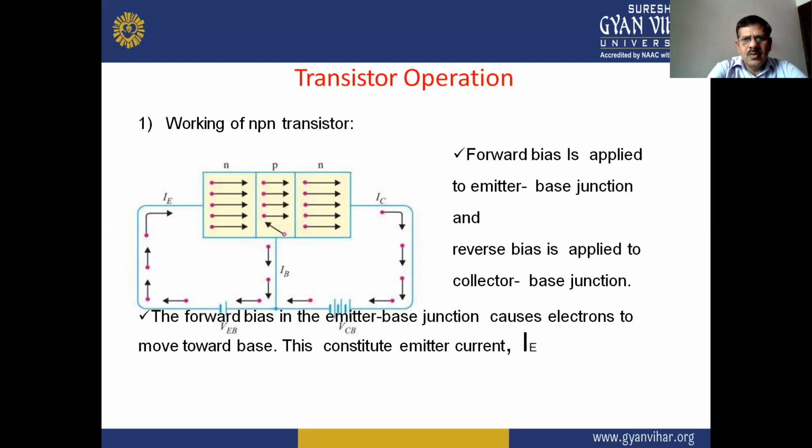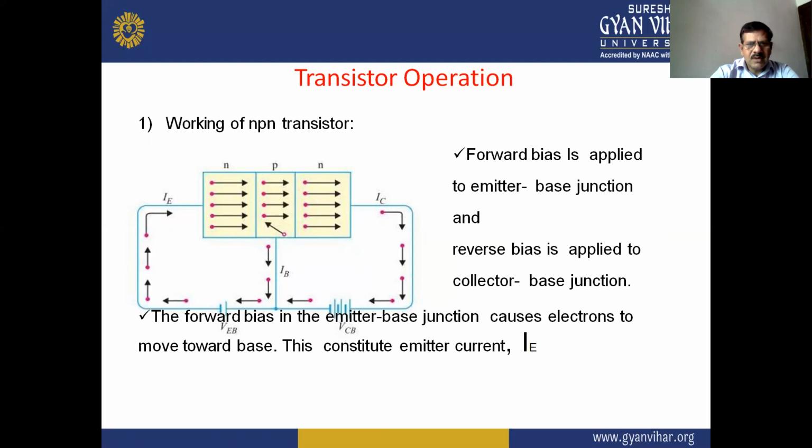So what is the operation of a transistor? The working of an NPN transistor: we take an NPN transistor and explain its working. In this diagram, there is the NPN transistor, and there are two supply voltages.